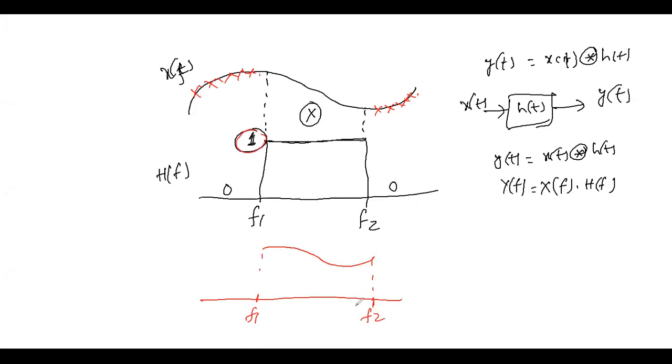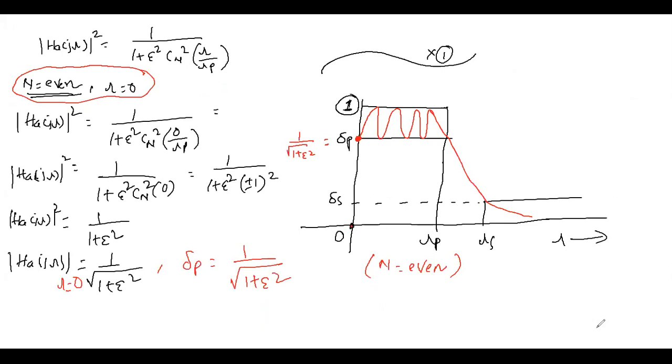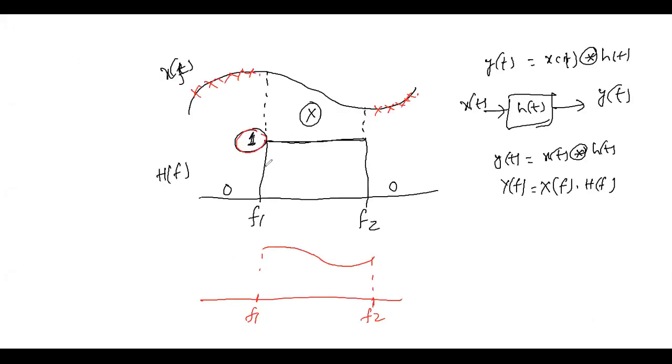Now what we are doing here is taking some ripple. Instead of this, you are taking values like this. Then you will not get this exact signal, because now instead of 1, the value is varying.